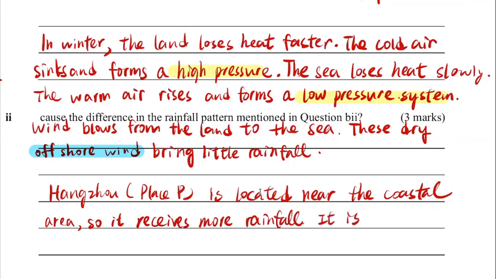So we should also explain why it receives more rainfall. It's just because, again, the onshore wind, which blows from the sea to the land, right?